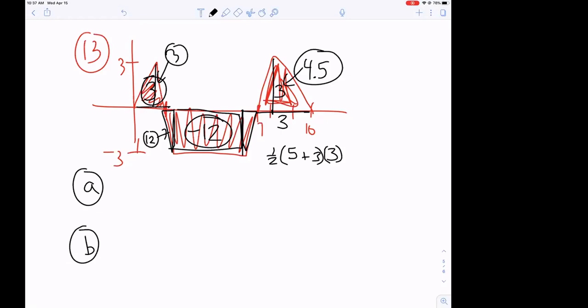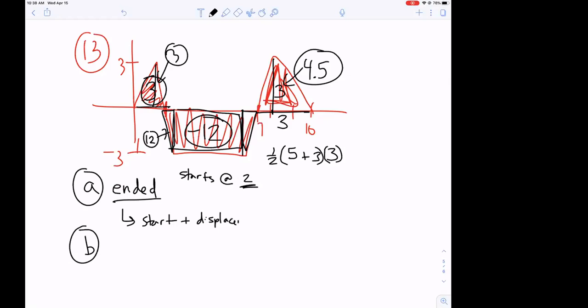Because A wants where it ended, and there are two different ways to think about that. We can do it the way that we did the other one, but you do need to know it starts at 2, because they actually tell us that. Where it ended is always the start plus the displacement.